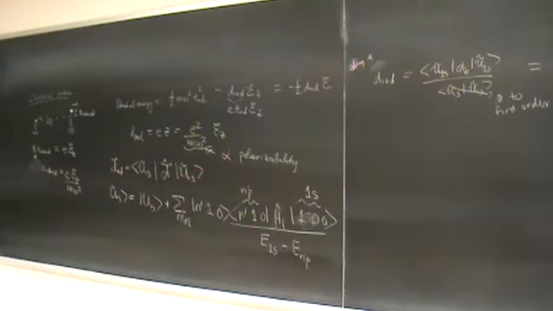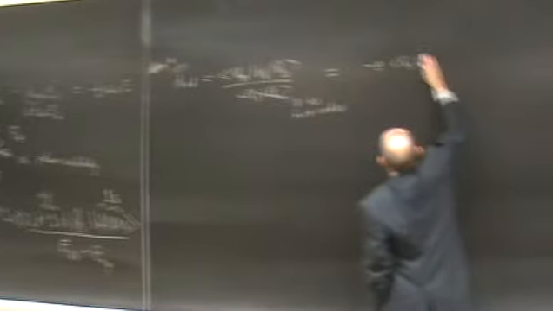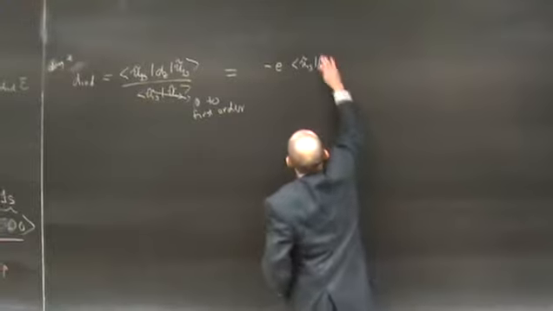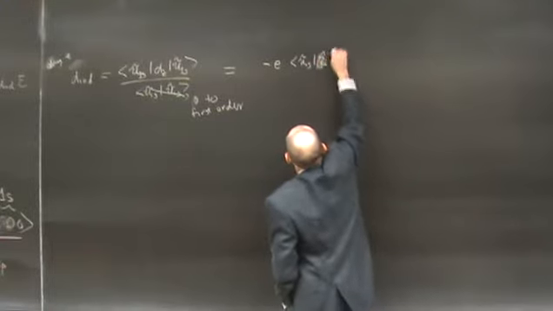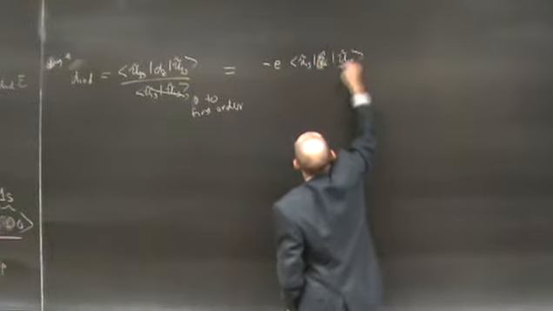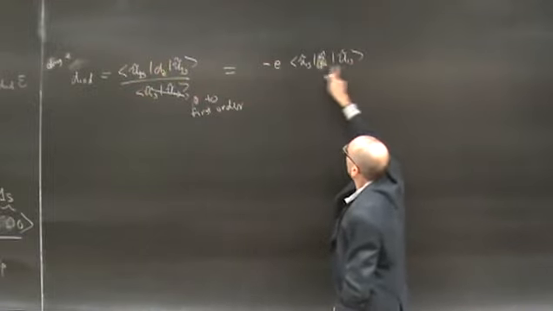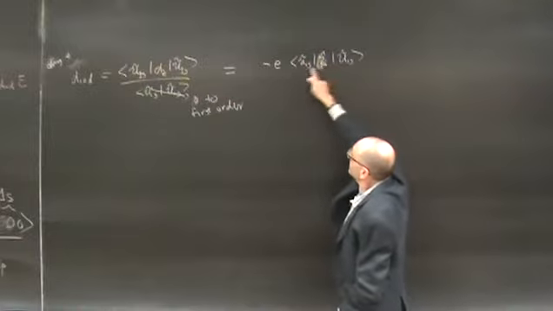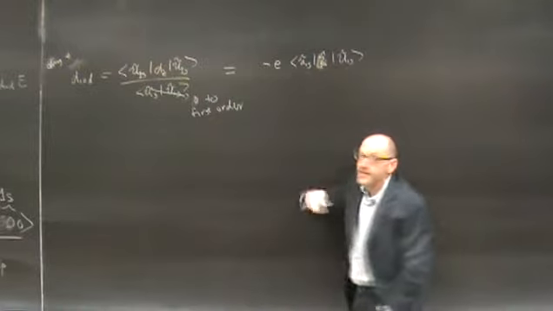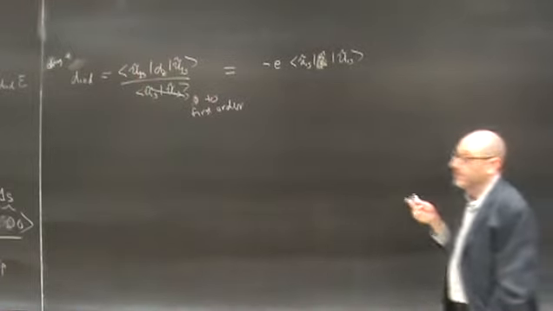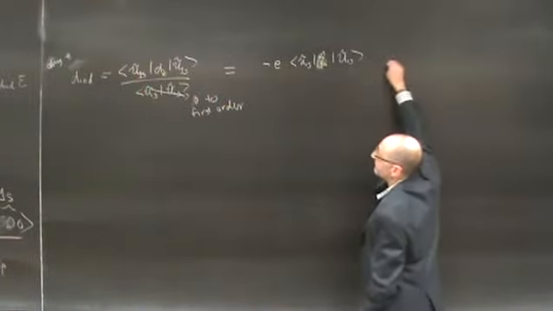Okay? So the parity selection rule tells me that I can only have off-diagonal matrix elements between states that have L that differ by 1. Okay? So when I plug that in, what I get is the following.